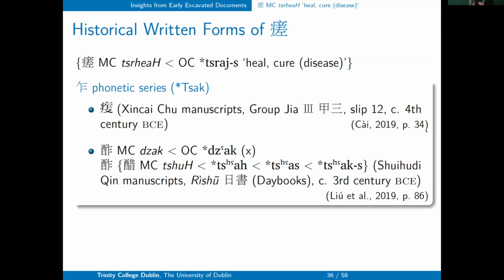So at that time, this morpheme and this logograph 处 belonged to the Old Chinese Aram group. So it makes sense that this word borrowed this logograph to write it. And the Shuihudi Qin manuscript Rishu is around the 3rd century BCE.